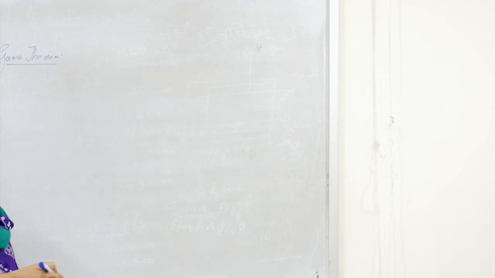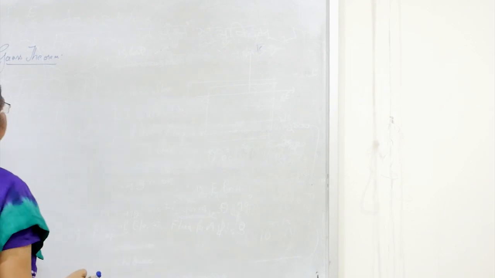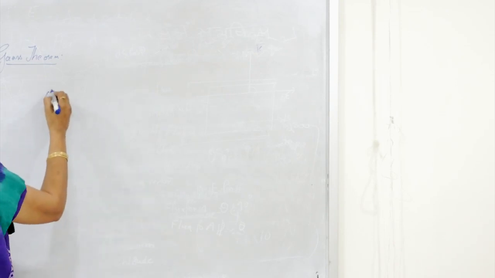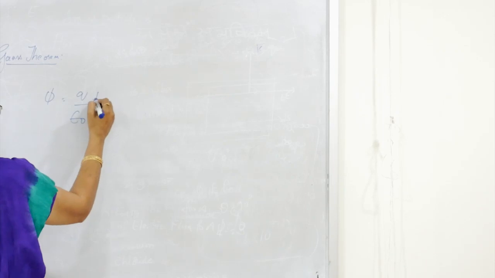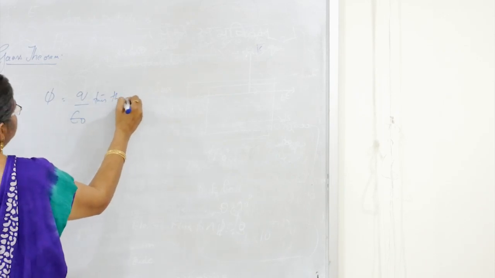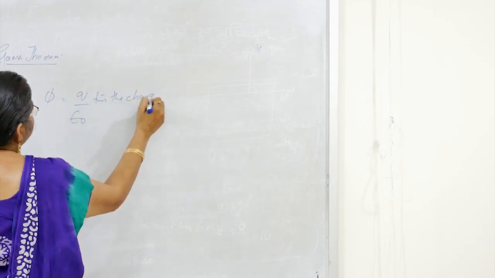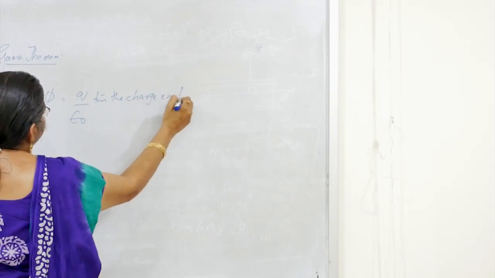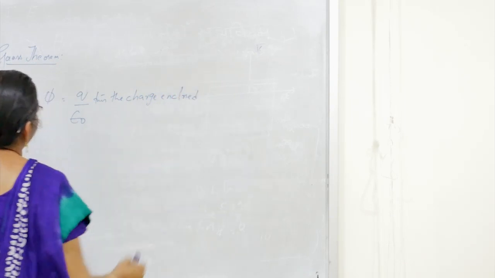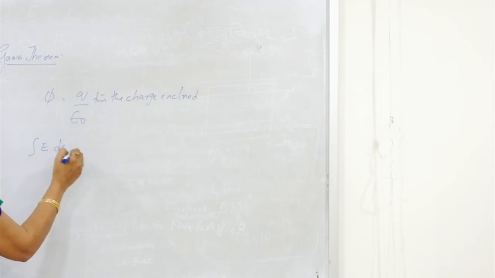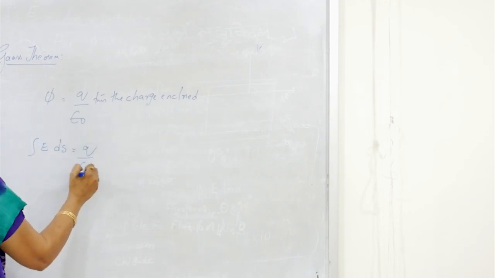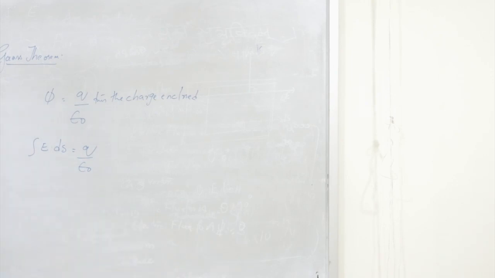the electric flux for any closed surface is equal to Q by epsilon 0, times the charge enclosed. So phi can be written as integral E dot ds is equal to Q by epsilon 0.